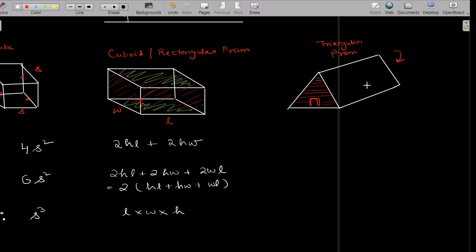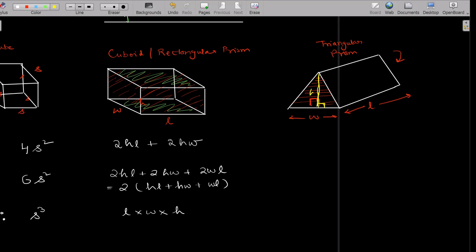And in a triangular prism you will have this length, the length of the tent, and you will have this one, which you can call the width, and you will also have this height, the perpendicular height.